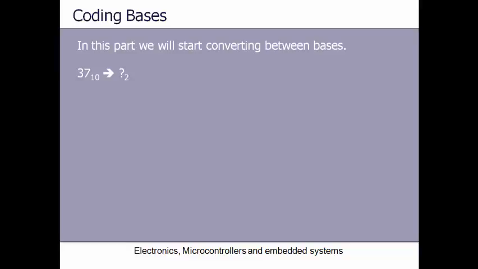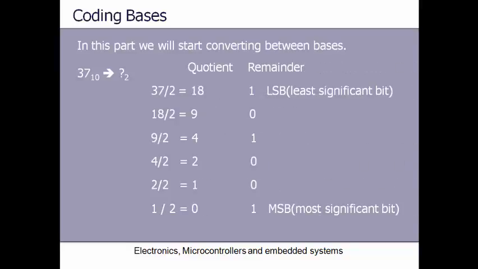So let's see how to do that. It's a simple calculation. You only need to divide by 2 for every result until we find a quotient of 0.